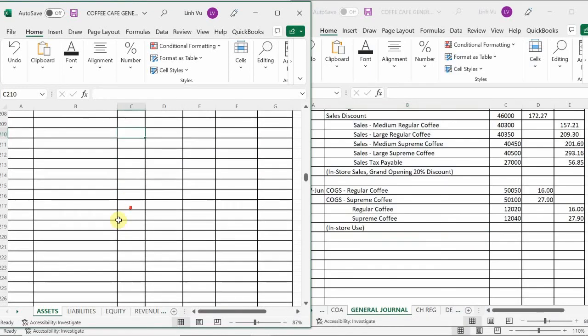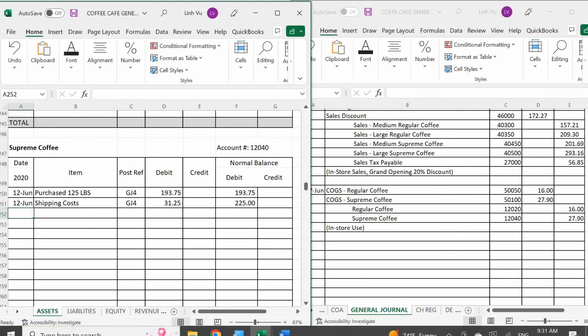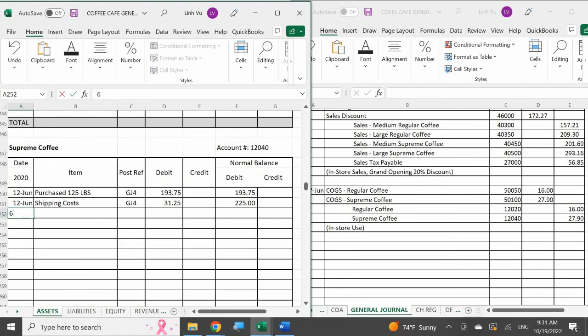So then Supreme Coffee. We used 15.5 pounds, and you're going to credit for 27.90.